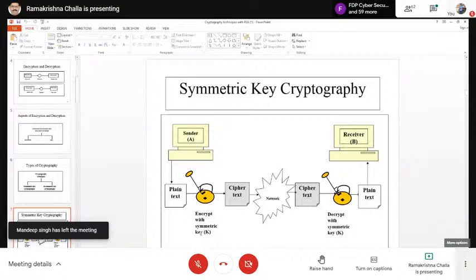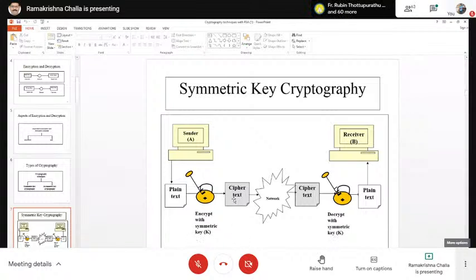In decryption, it is the decryption algorithm and the same key used to produce this ciphertext. Then you get back the plain text, and the receiver will process it and respond to the sender as per the requirement.